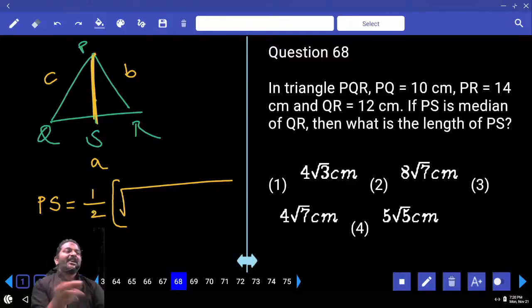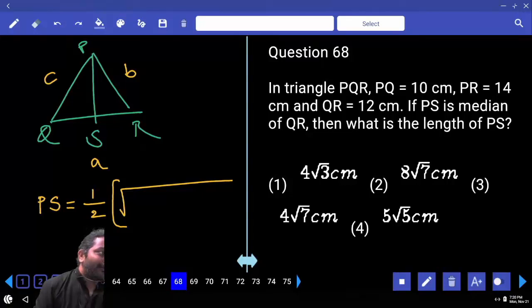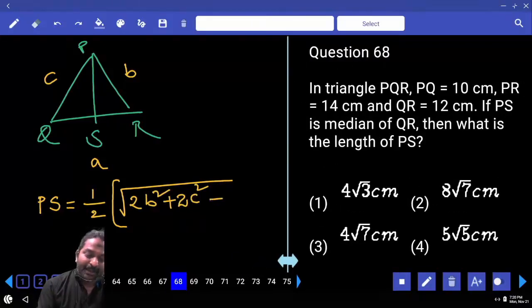To the left side and to the right side, whatever the distances that we have, B and C, 2B square plus 2 times of C square minus opposite one A square.